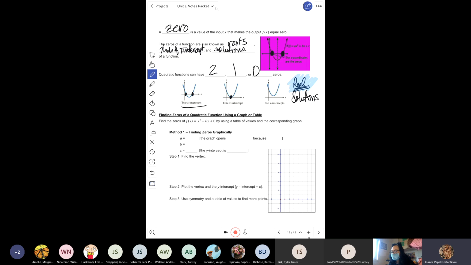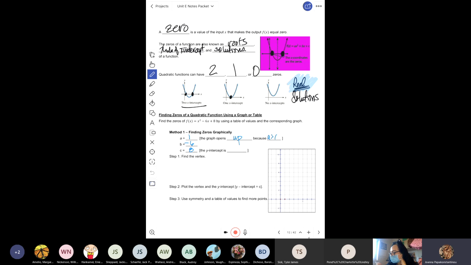So how do I find those zeros using a graph? Well, again, we've been given an equation. We can identify A, B, and C. And from using A and recognizing that it is a positive value, we know it opens up because that A is greater than 0. So when I'm graphing, these are the steps I'm going through.